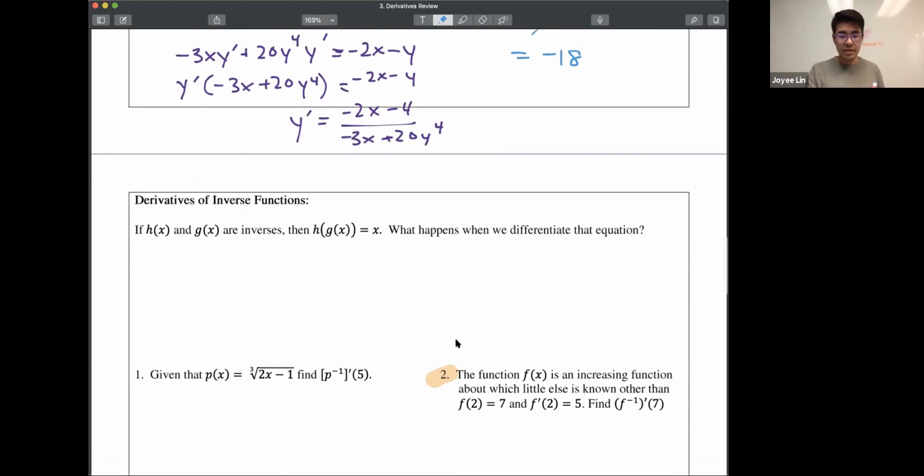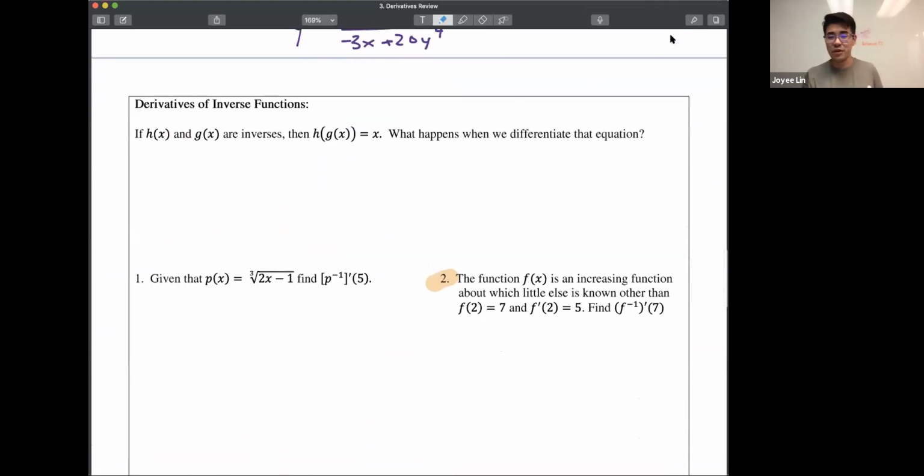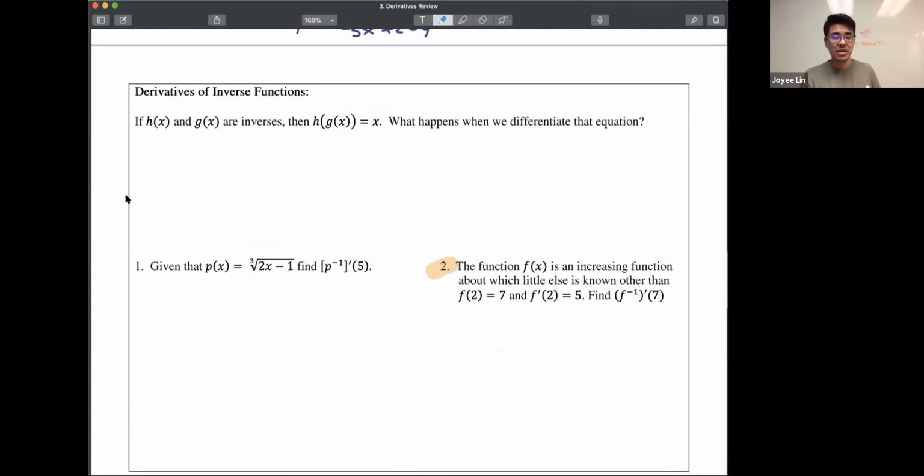Okay. And so this one's a fun one for people. Let's use the chain rule to figure out how to find the derivative of an inverse function. So y'all should know that if they ever give you this notation, this is implying that h of x and g of x are inverses. So this is true, right?